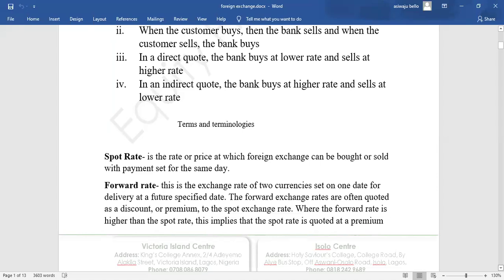The forward exchange rate is the exchange rate between 2 currencies set on one day.